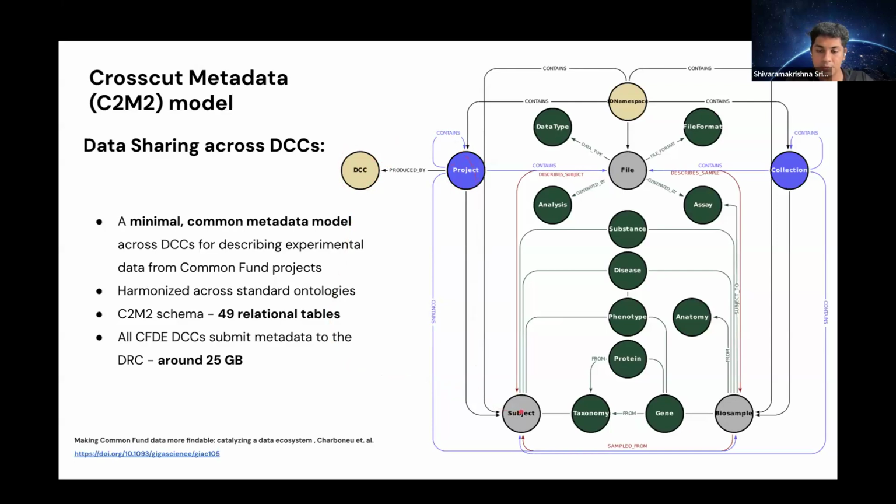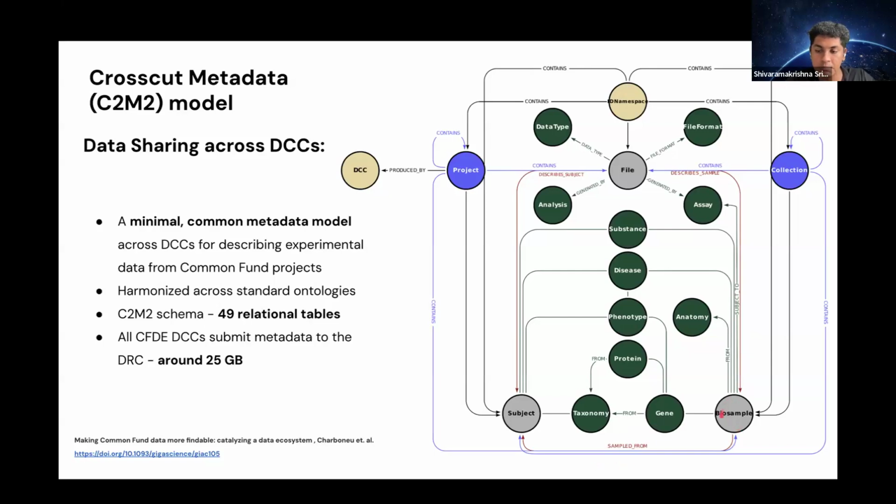And each subject consists of some specific taxonomy information and also consists of information related to genes and proteins and phenotypes, diseases, and substances. Now, biosamples, on the other hand, are also directly related to subjects as they are sampled from them.